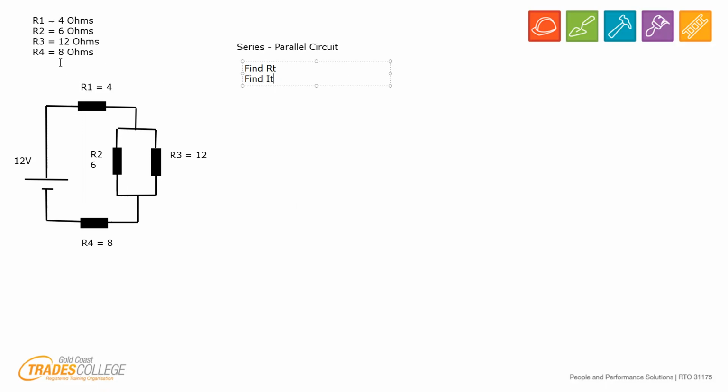Now IT, let's just draw it on the diagram. IT is there, but whatever that value is, it goes through there, it goes through there, it gets to this point. Now, because R2 and R3 are different, you're going to have a value of I1, which goes this way, and you're going to have a value of I2 that goes this way.